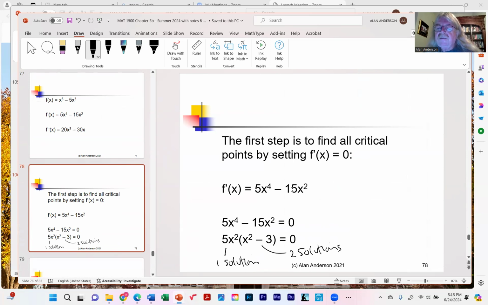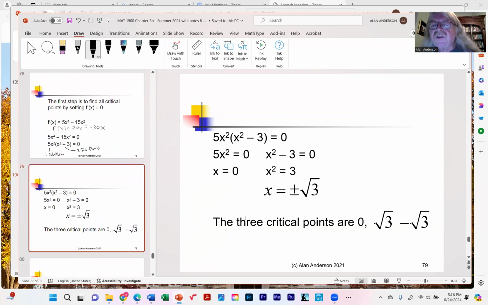And it turns out that the first derivative is a cubic equation, which means we have potentially three critical values. Although I've broken it up a little differently here, just to find the solutions more quickly, we're going to set 5x squared equal to 0 and x squared minus 3 equals 0.